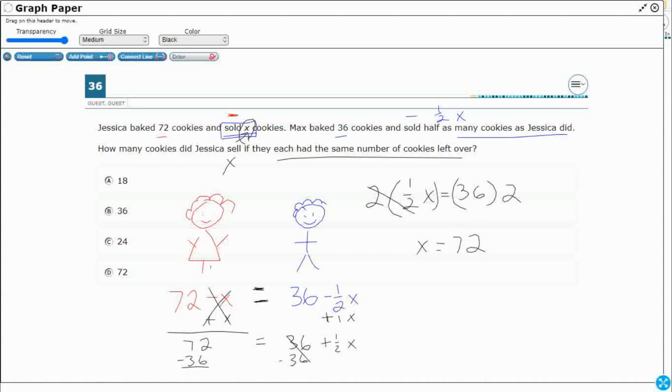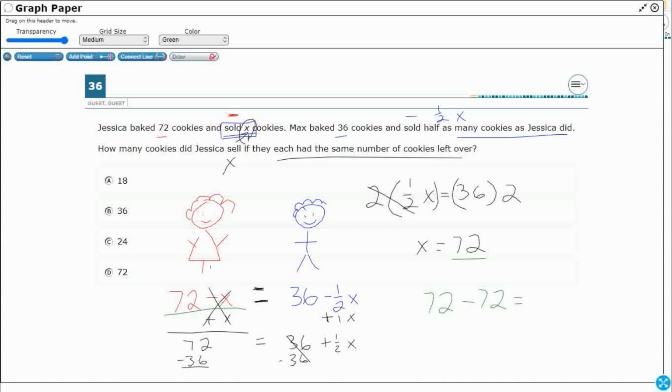So I'm thinking it's 72, but let's make sure, okay? So I'm going to plug it back into my original equation. So I've got my 72 minus, I'm going to substitute in my 72 for the X. Well, that equals 0. So let's see if it equals 0 on the other side.